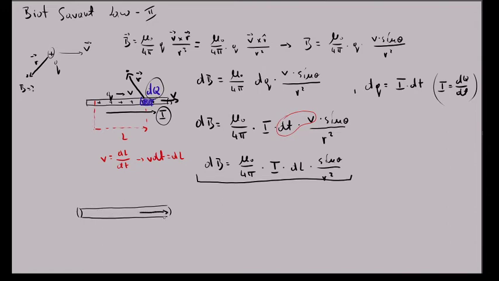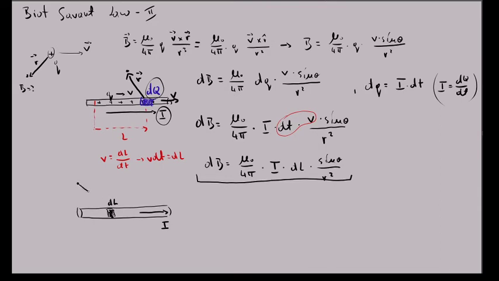Here's the current I. Then you consider a small section of this wire, and we're going to call this small section dl, a little bit of the length L. If the whole wire is length L, then dl is a little bit of that length. You want to figure out the magnetic field at some point here due to this section dl.